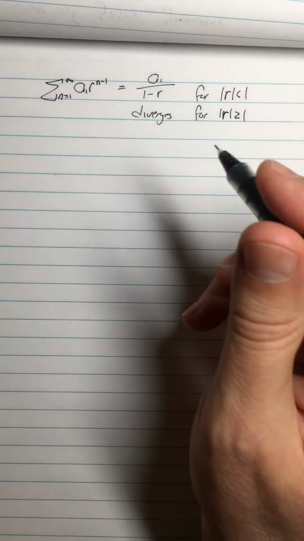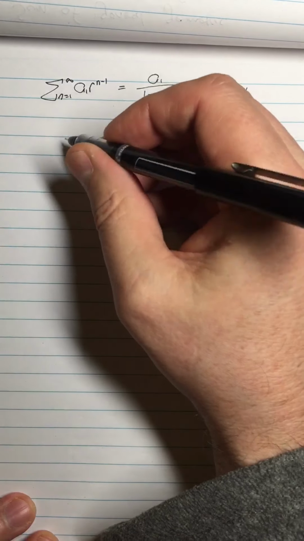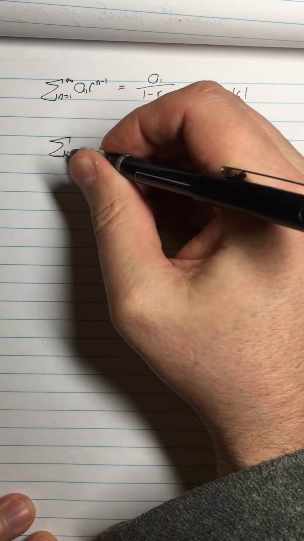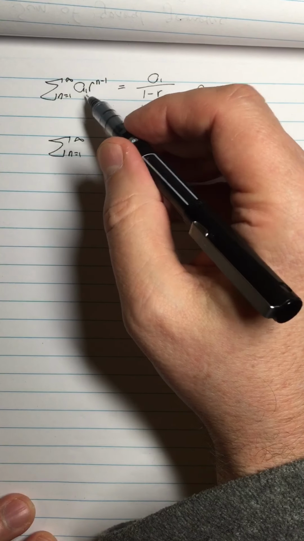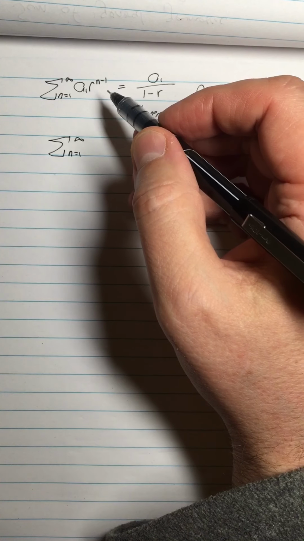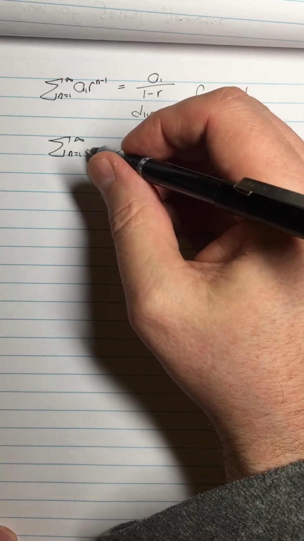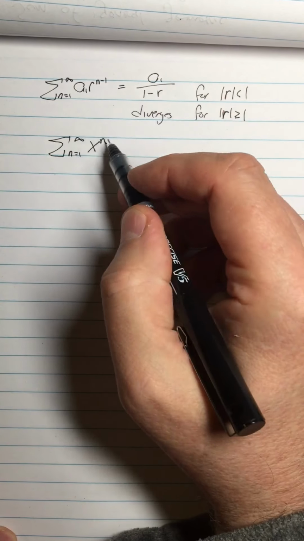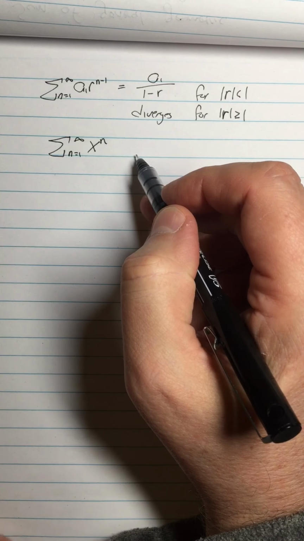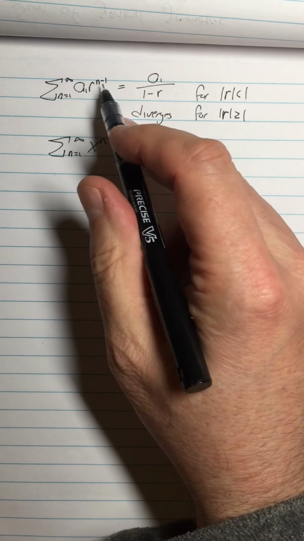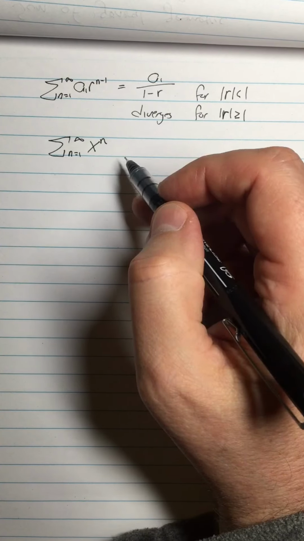All right, so what are some things we can do with this wonderful formula? One is that we can look at the general idea of the sum from n equals 1 to infinity, where a sub 1 is just 1, and I'm just going to look at x to the nth power. Whether it was n minus 1 or n, the divergence or convergence is not going to depend on that.